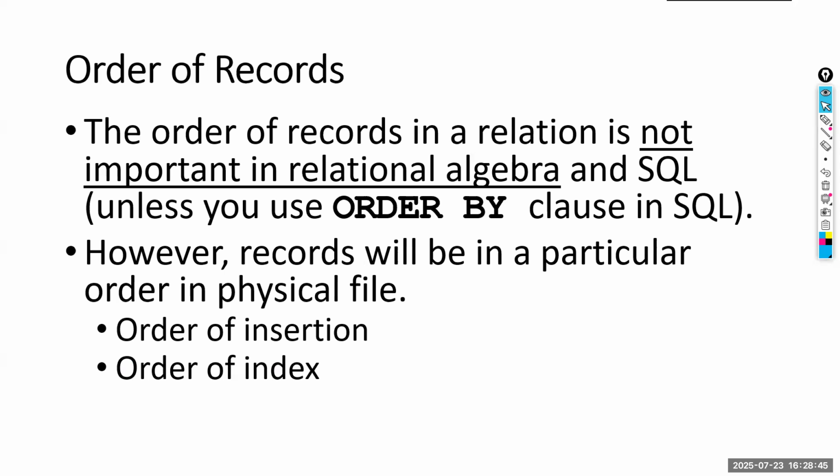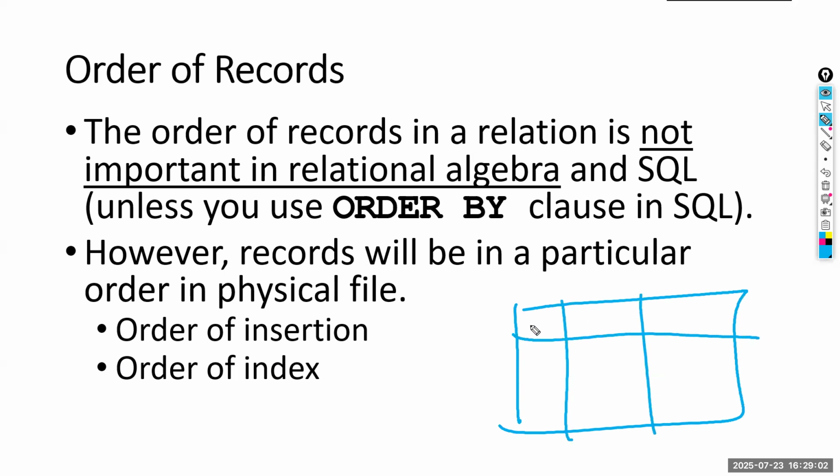Right. Next concept is order of records. Order means the order in which your records exist. Say name, date of birth, salary.